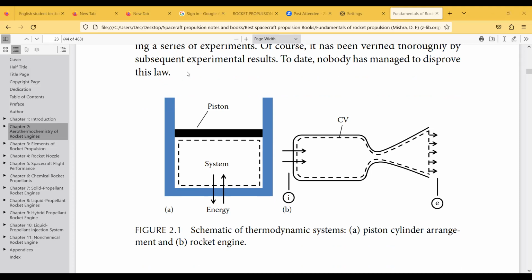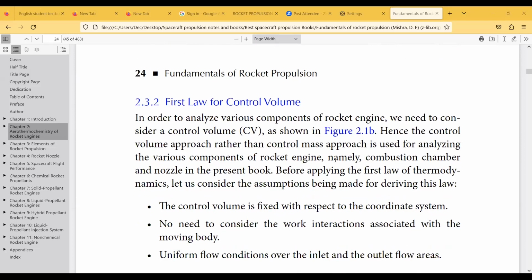A part shows the piston cylinder arrangement, and there is a system boundary here. Similar to that, we have a system boundary, which is the combustion chamber. The combustion chamber is considered the system boundary. Every thermodynamic process takes place inside of this, and there is some external interaction at the exit. So this shows the rocket engine.